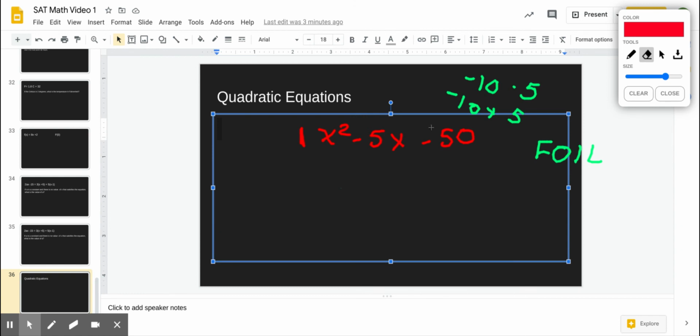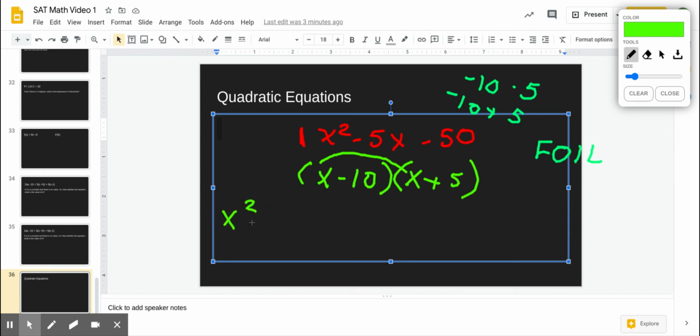Okay, there's a smiley face, creating a parabola. And you should know that quadratic equations will create parabolas. So we said it was x minus 10, and then x plus 5. First times first, x times x is x squared.